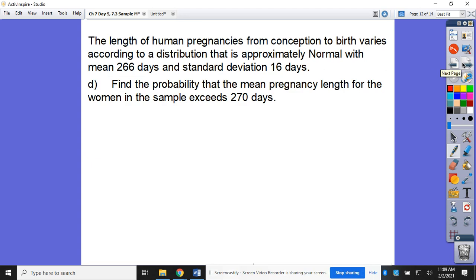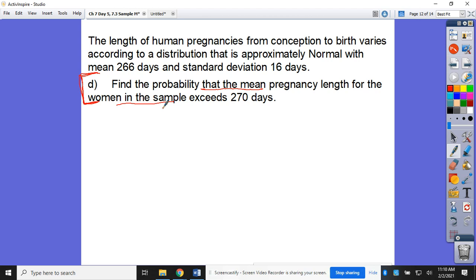All right, so now that we know that it's normal, we know what our mean is, we know what our standard deviation is. So how do I know, what do I see in this problem right here that makes me know that this is different than part A? So it's the mean of the group.